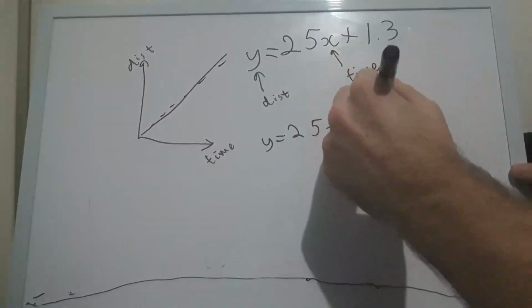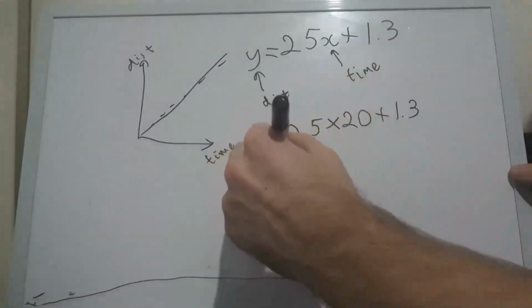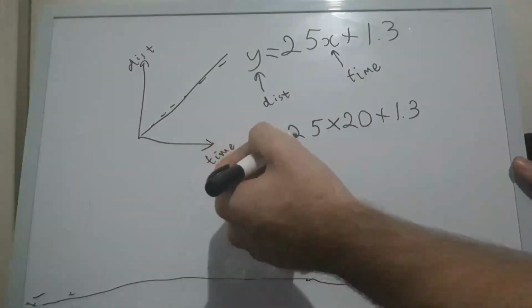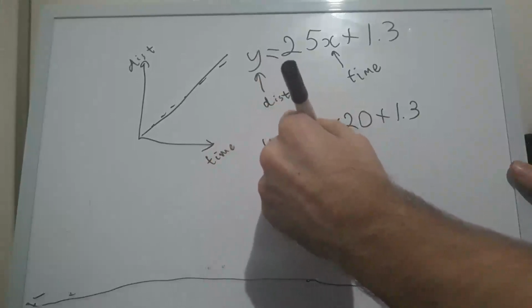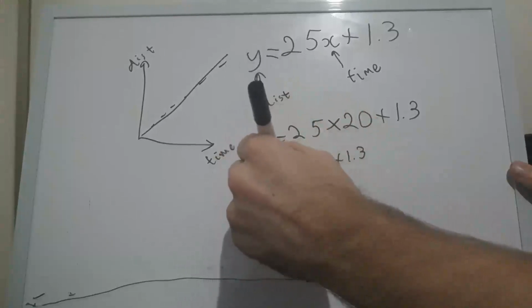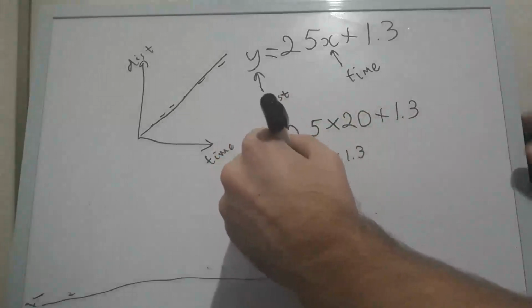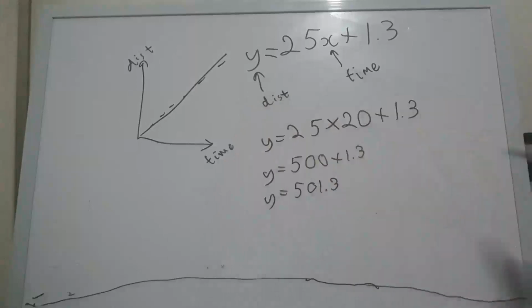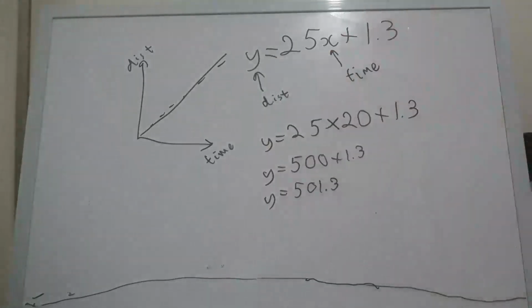And then the rest of the equation is still the same, still plus 1.3. So then y, now you chuck it into a calculator and that'll give you an answer. I'll do it manually here by hand. 25 times 20, I believe that is 500, plus 1.3. So therefore, sorry, I have to sneeze. That would be 501.3 as your answer, using these numbers, assuming that's the equation we got there.